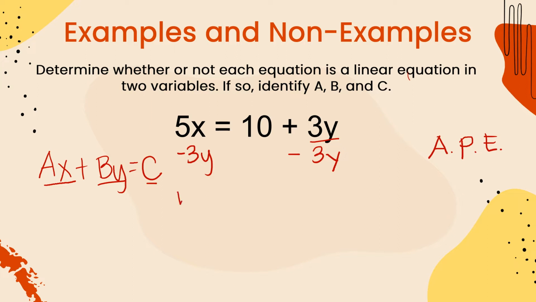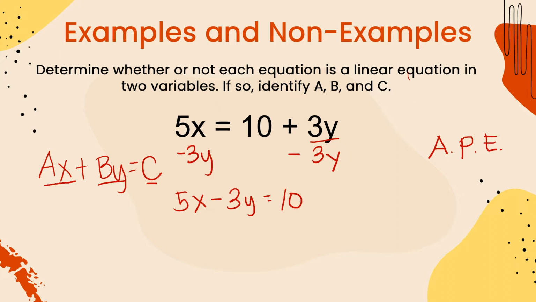So, we have here 5x minus 3y is equal to 10, since 3y minus 3y is equal to 0. Or sa ibang book at sa ibang explanation, para mas ma-reduce yung process, ang actually nangyayari ay nililipat or tinatawid natin yung isang term mula sa right side papunta sa left side.